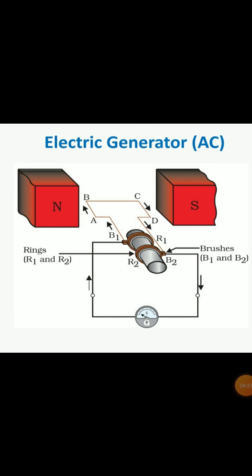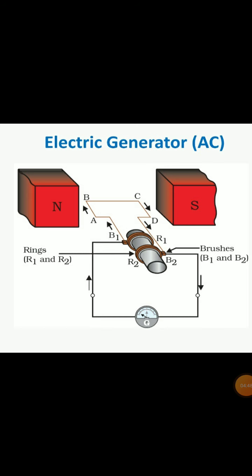Now the rings R1 and R2 are internally attached to an axle. As you can see in the figure, what is an axle? When we have learned electric motor, that time also we have used axle, which is a rod which turns.